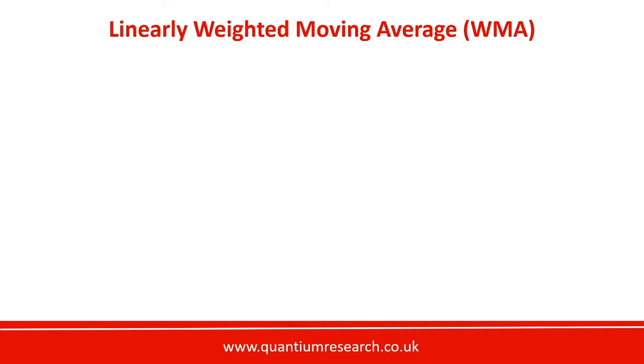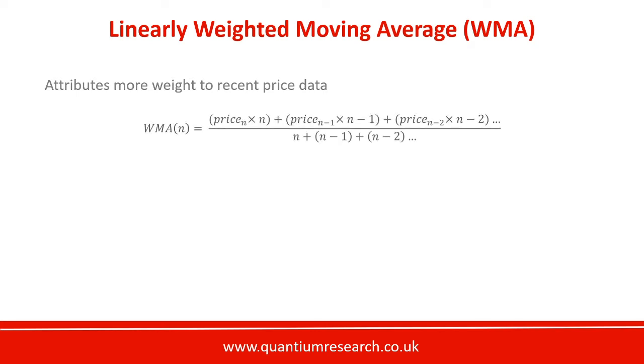The next type of moving average that we're going to be looking at is called a WMA, a linearly weighted moving average. It essentially attributes more weight to recent price data, and the formula to calculate this with a period of n uses the most recent price multiplied by n, plus the previous price multiplied by n minus 1, and so on. Say a data set has the 5 most recent points, but we're only using a period of 4.